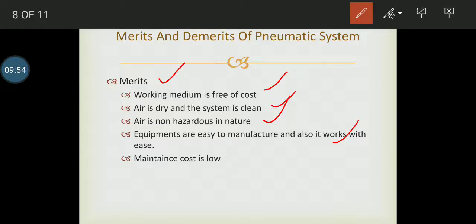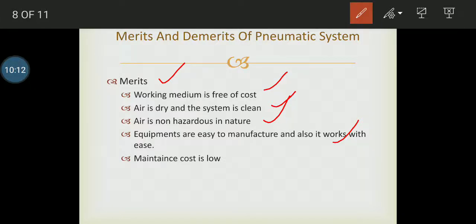We need to take care that the equipment doesn't explode or burst in the process, because the pressure needs to be maintained throughout. So the equipment must sustain that pressure.